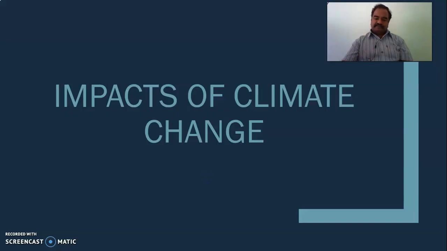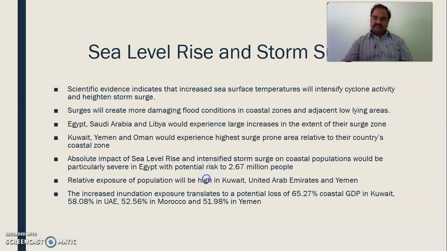Moving ahead, the impacts of climatic change: we have already seen that temperature rises are impacting the ecosystems, the water bodies, the coasts, etc. Apart from that, the availability of water is increasing at higher latitudes because of the melting of ice.